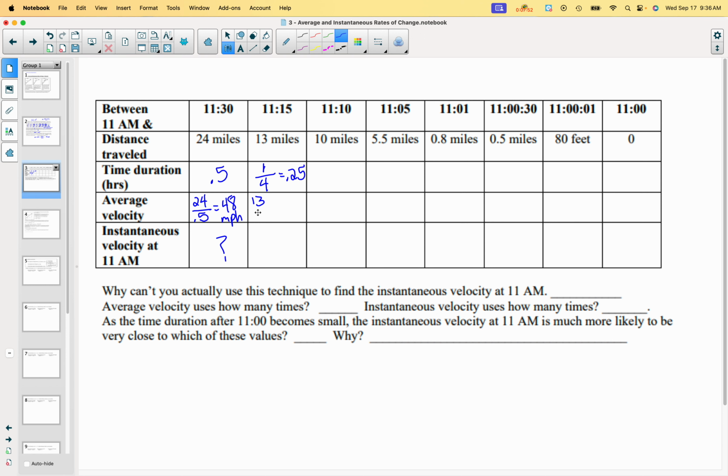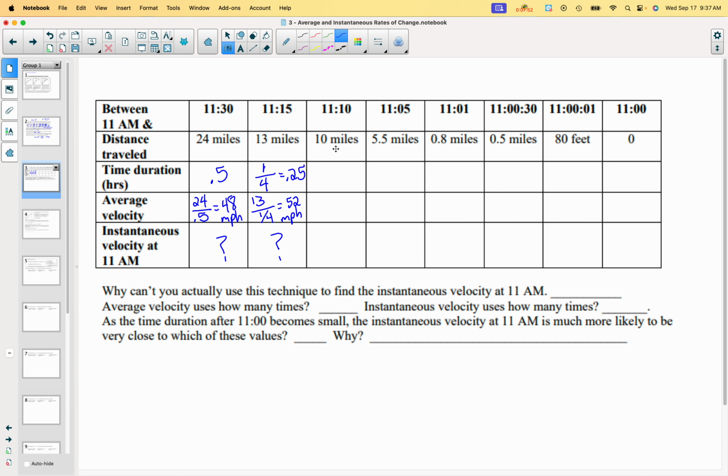Now remember, dividing by a fourth, I am going to leave it like this on purpose because then I don't need a calculator because I can switch it to multiplying by the reciprocal and we get 52 miles per hour. Is that a good estimate for 11 o'clock? I don't know.